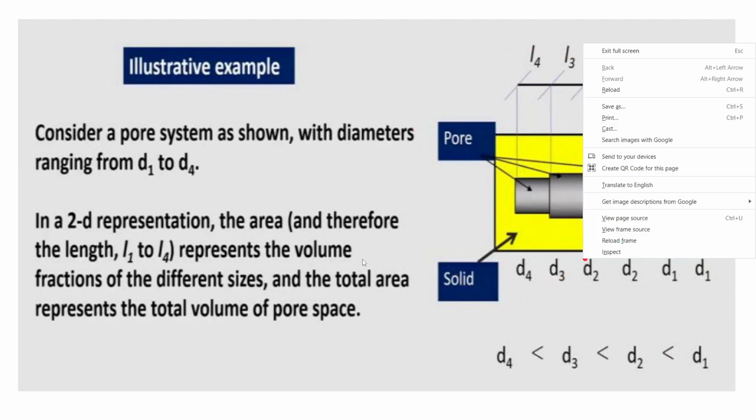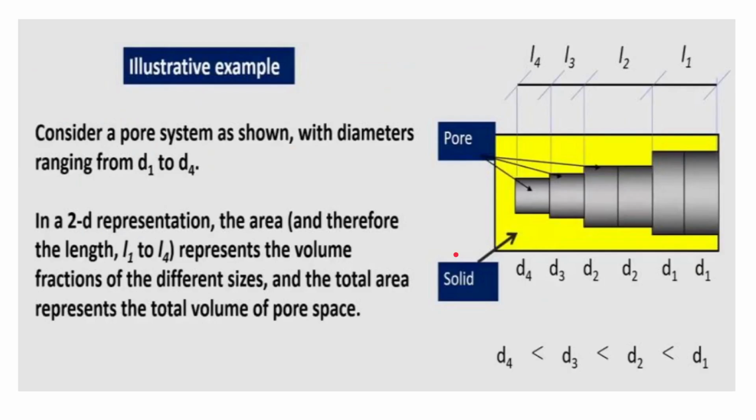Multiplying the diameter with the length, we get the volume fraction of the different sizes, and the total area represents the total volume of pore space. In some ideal case, if we consider this way, we can calculate the volume.